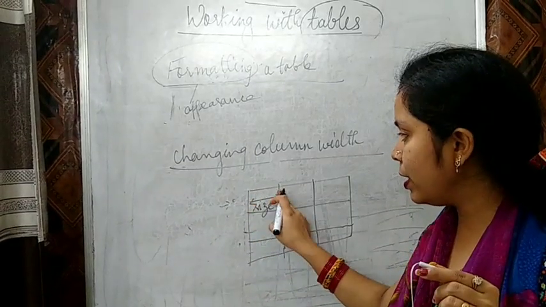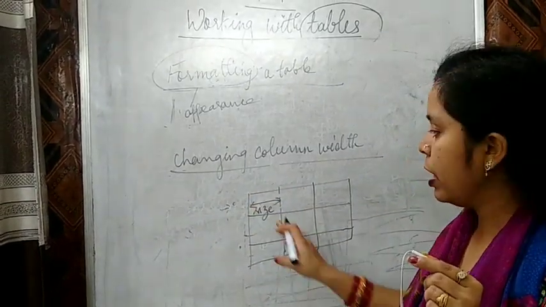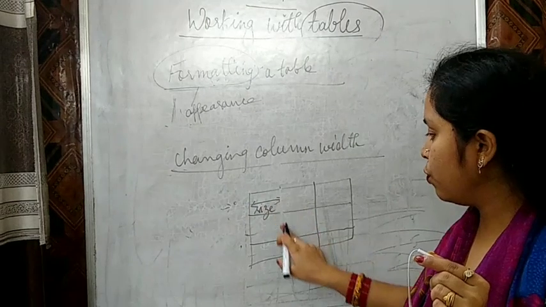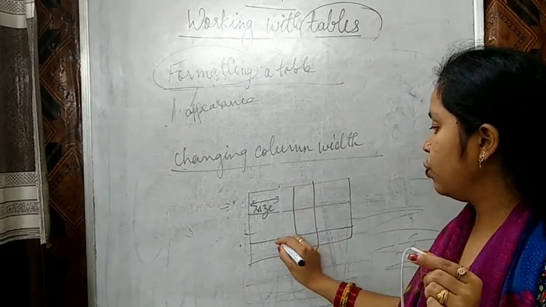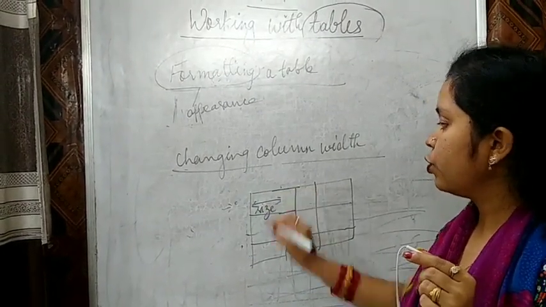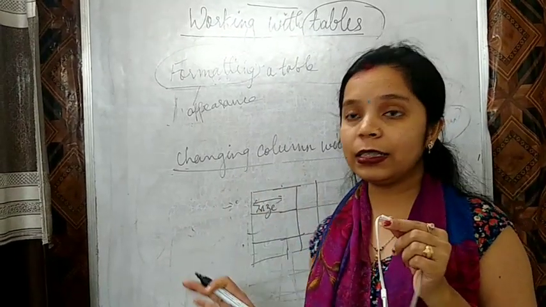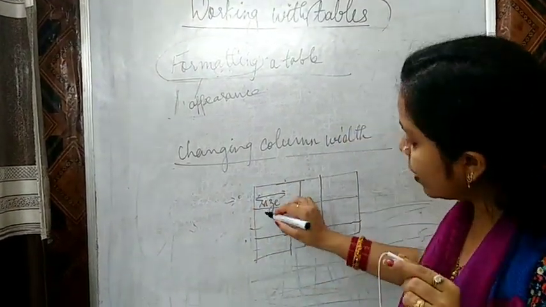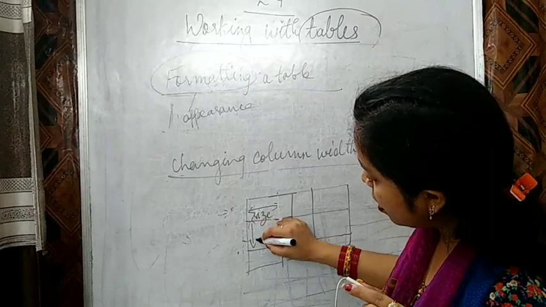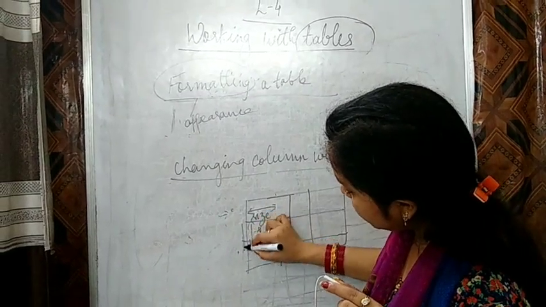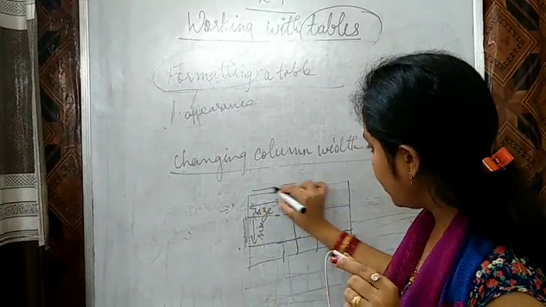Suppose this size is small, you want to increase it, you want to make this column big. So you can increase or decrease the size of the column, or you can increase or decrease the size of the row also. This is called size of a row and this is the size of a column.